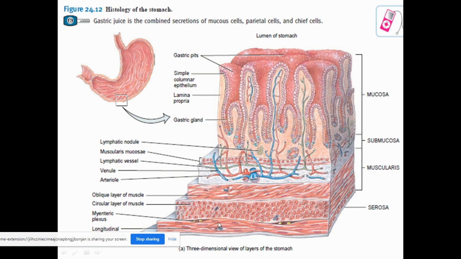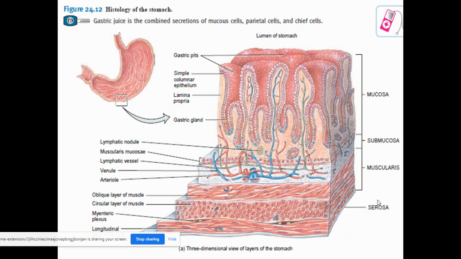This is very important for the churning action of the stomach. You can see the myenteric plexus here. Next comes the serosa. The serosa is composed of squamous epithelial cells and connective tissue cells. This serosa is the covering of the stomach, and it is also a part of the visceral peritoneum.